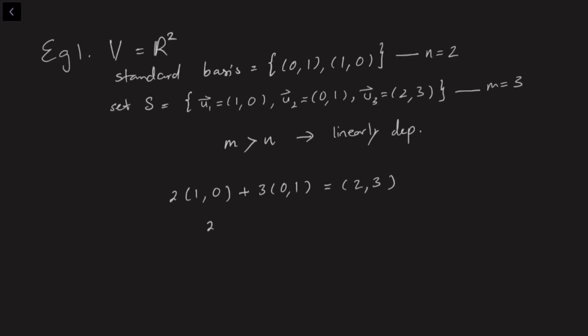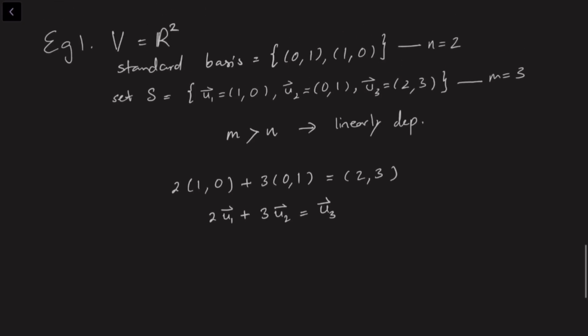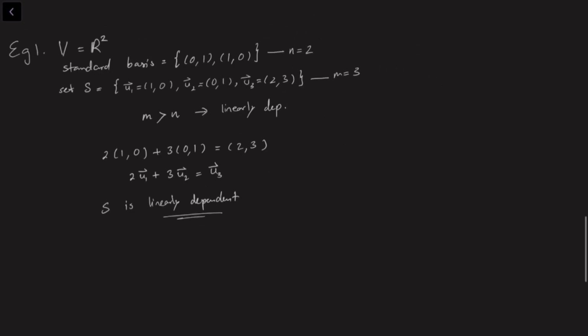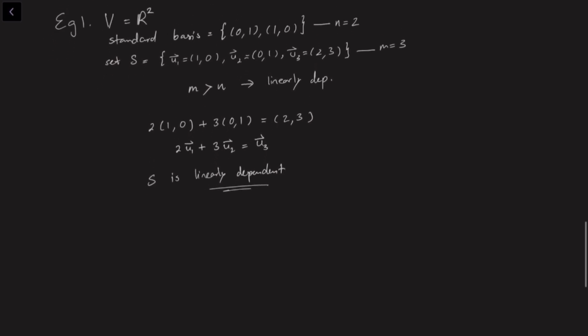That means 2 times u1 plus 3 times u2 is u3. So u3 can be expressed as a linear combination of the other 2 vectors, which means that S is linearly dependent. Okay, so that is an example for part 1 of the theorem.